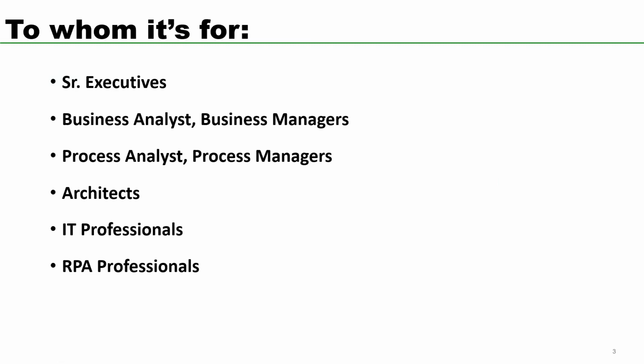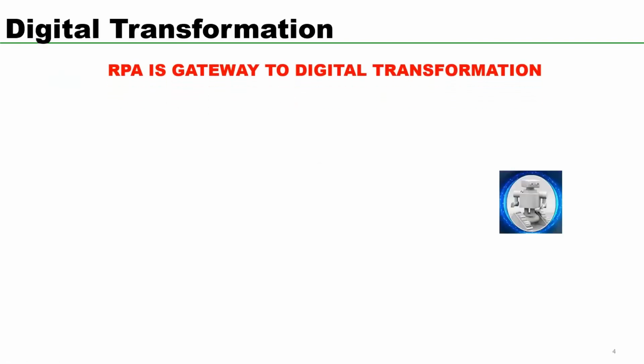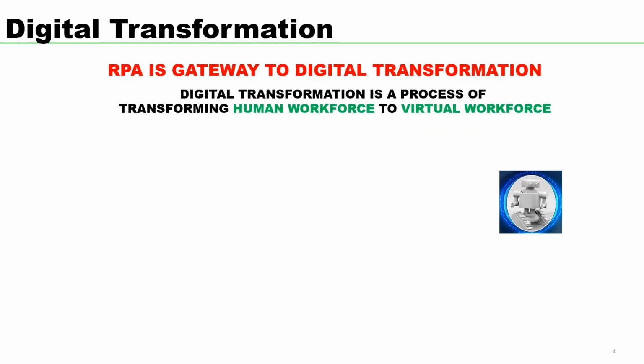Okay, let's start with a famous quotation. RPA, robotic process automation, is a gateway to digital transformation. Here again, what is digital transformation? Digital transformation is a process of transforming the human workforce to a virtual workforce. Again, what is the human workforce?